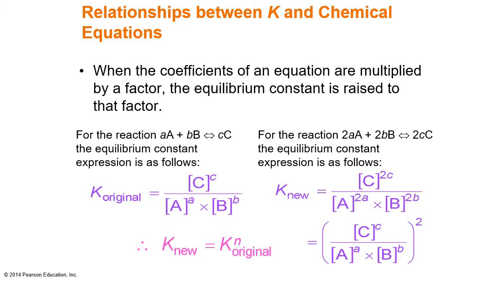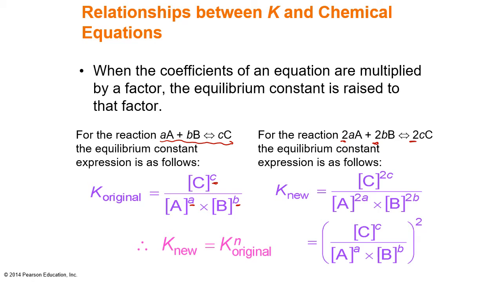If we change the chemical reaction by multiplying it by a factor, then our equilibrium constant expression becomes raised to that factor. So let's think about that a little bit closer. If we have our original equilibrium constant expression based on our reaction, remember we're raising each of our concentrations to the coefficients. So if we multiply the entire chemical reaction, in our example, we're multiplying by 2.